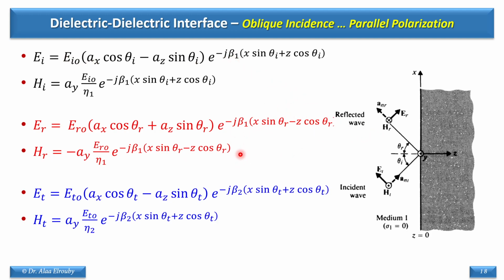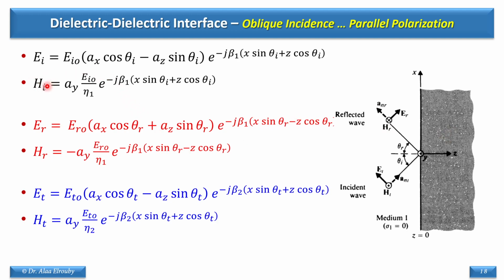Writing the expression for the reflected wave. The reflected wave would be in this direction, so x is positive and z is negative, similar to before.